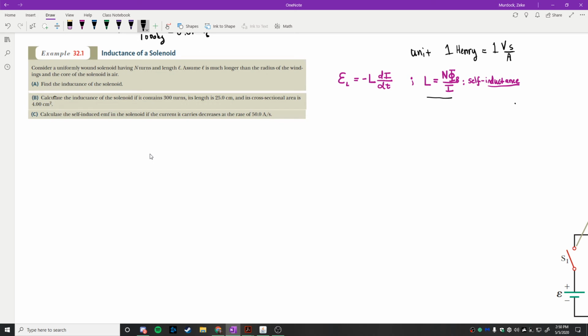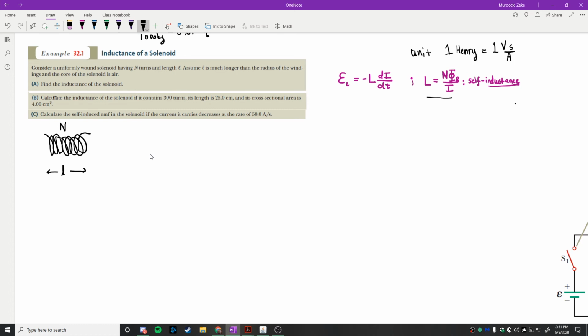Henry is the name of the unit. Alright, we want to find the inductance of a solenoid with N turns and a length L. So we basically have a solenoid, which is basically a bunch of coils of wire, and it has a length of little l, and it has N turns. So the number of turns here is just N. We want to find the inductance of the solenoid.